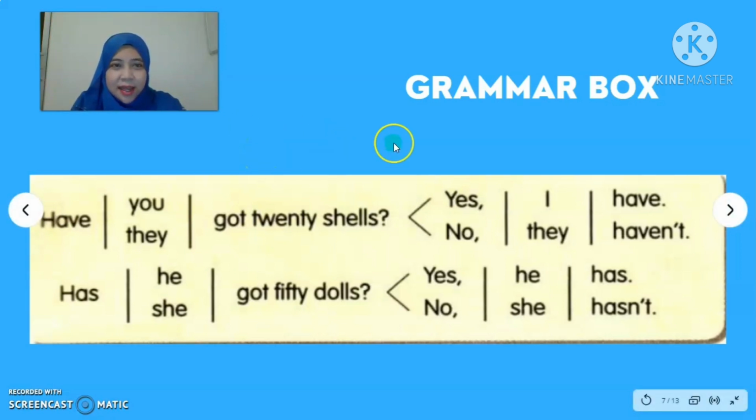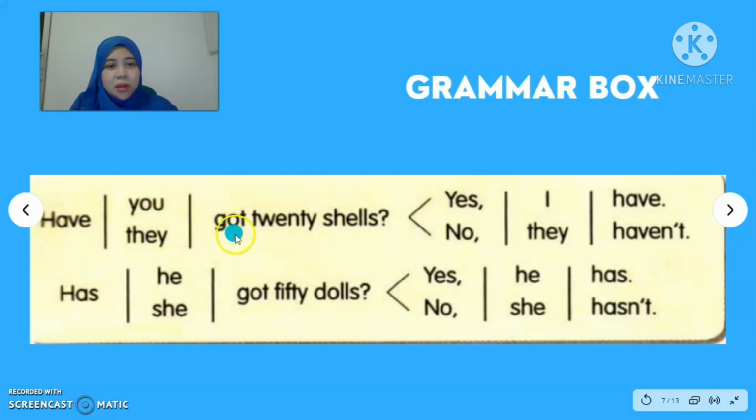So let's look at the grammar box now. Turn to page 7 and look at the grammar box on top of your book. Do you still remember the sentence structure that we have learned? For have, we must use it for you, they, and I. Let's read together.